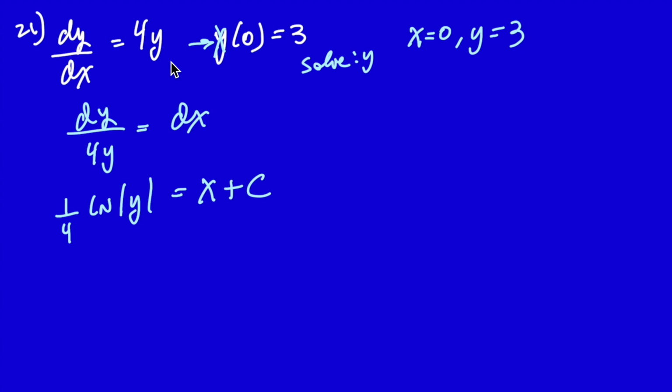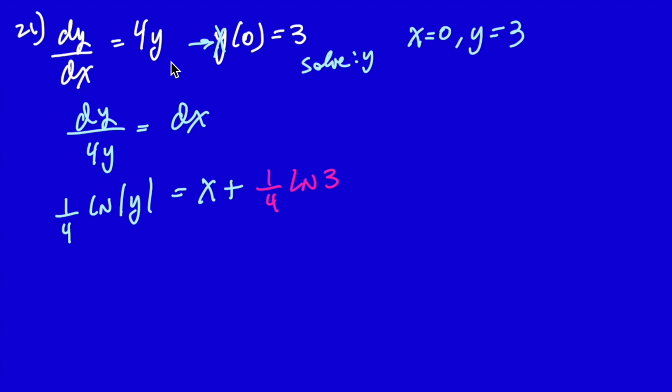Let's go ahead and plug in x equals 0 and y equals 3. That's going to give us 1/4 ln of absolute value of 3, which is 3, equals c. Okay, so this is our c value. So we're now going to go ahead and erase that c here and replace it with 1/4 ln of 3.